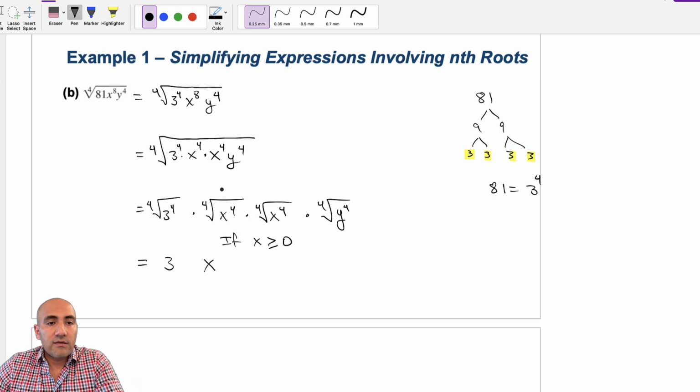Like if this was a 5 right in here, 5 to the 4th power, the 4th root, the answer would just be 5. But I don't know what x is, and what if it's negative? So we have to make sure to deal with it by saying it's the absolute value of x. Raising x to the power of 4 is going to make it positive, and then the 4th root of that value is going to be positive, so it just guarantees that.